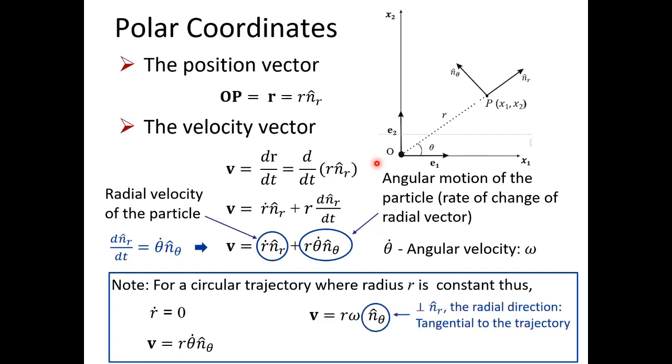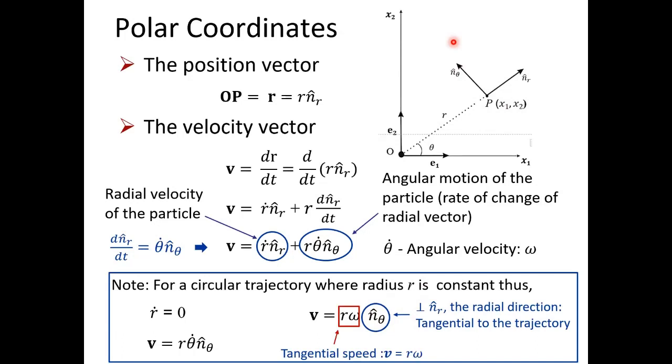Accordingly, v becomes r omega, if theta dot is omega, and this n hat theta direction is perpendicular to the radial direction. That means it is the tangential direction in the case of a circle.